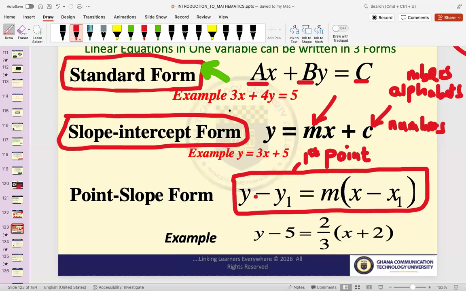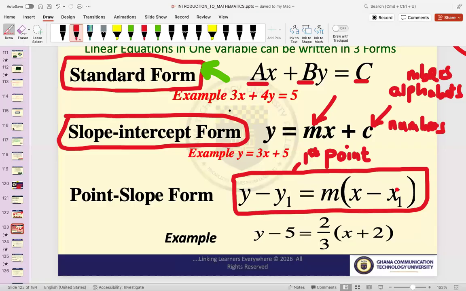Just like the y, the x is also appearing twice, but the second x has 1 as a subscript. And that 1 is also referring to the first point of x. So whilst y1 is the first point of y, x1 is the first point of x.